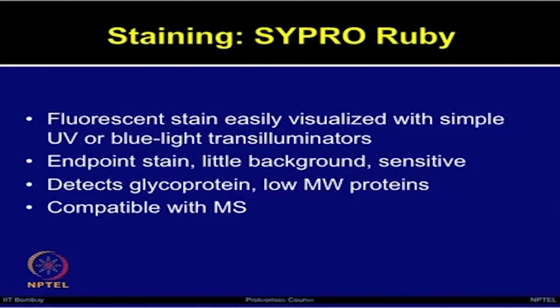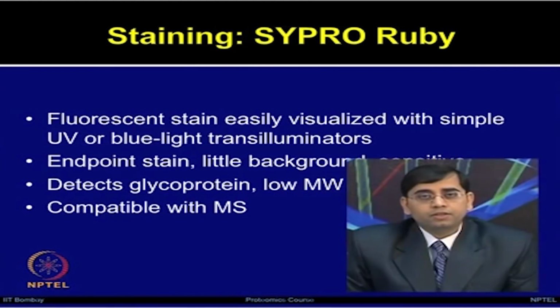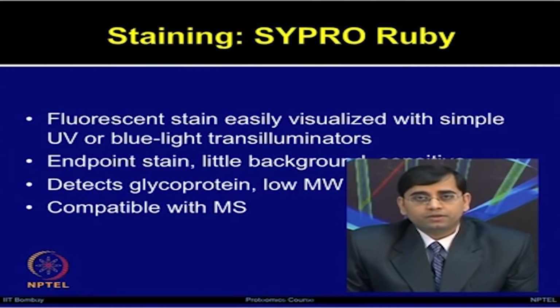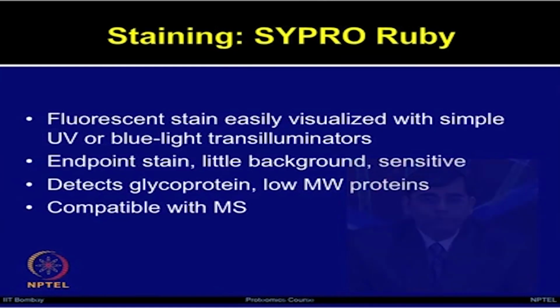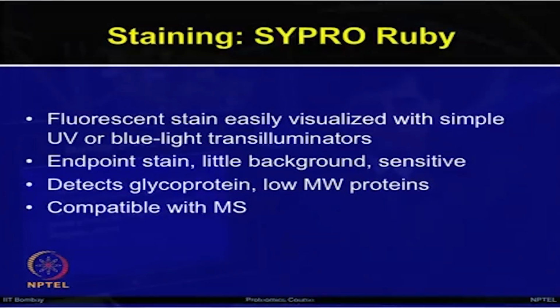This is one of the fluorescent stains which is usually visualized on the gel in the UV or blue light transillumination. This stain is very sensitive and it is an endpoint stain. So, very little background is seen, unlike the silver stain where there are a lot of issues with the very dark background. SYPRO Ruby has overcome those limitations.